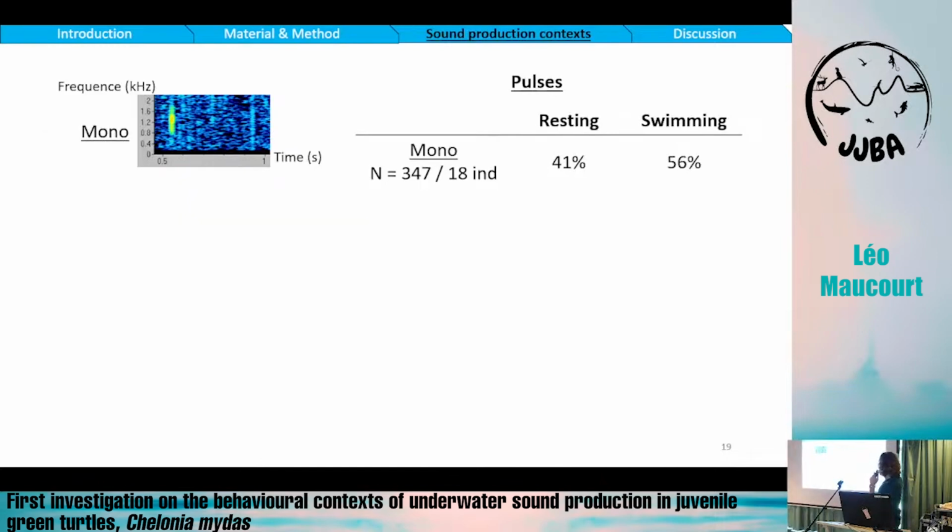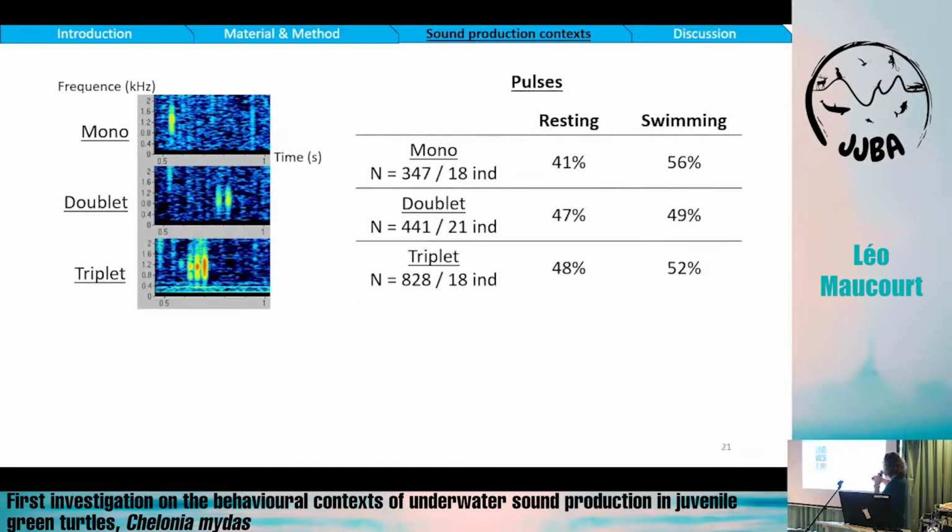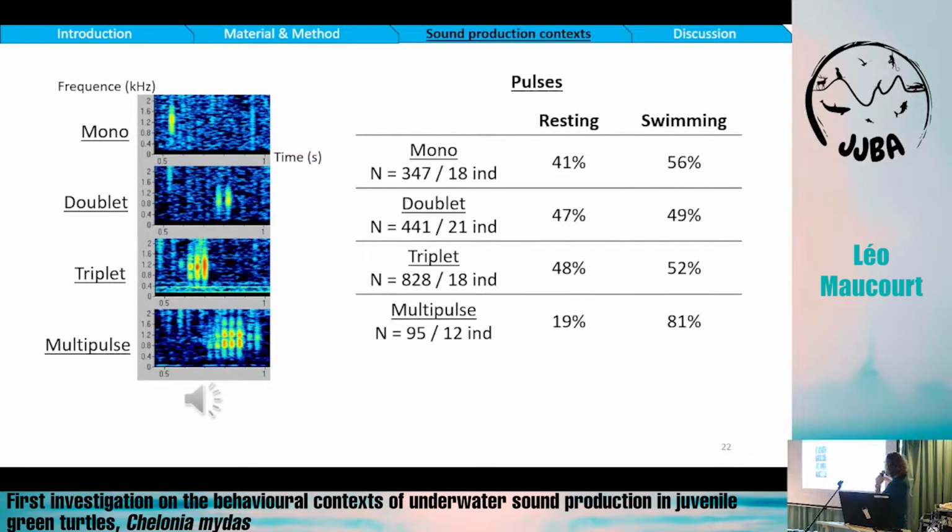So I will present you the context of the production. My sounds are classified in 5 categories. The first one is the pulse, with the mono, the doublet, the triplet, and the multipulse. The multipulse, I will play it for you. It is the same sound as the mono, doublet, and triplet, it is just repeated multiple times.